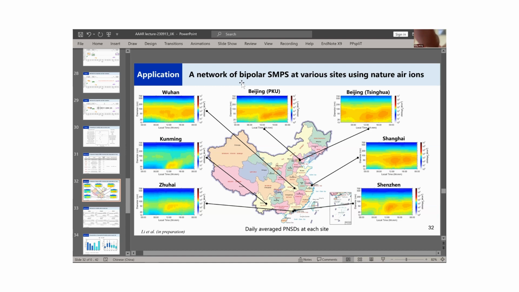If the ion concentration is relatively low, then the charging will take a pretty long time to reach the steady state. Have there been some measurements on that? And if we think of an extreme, if we generate some neutral particles and introduce them into the air, how long will they take to reach this steady state charging state under the natural ions?